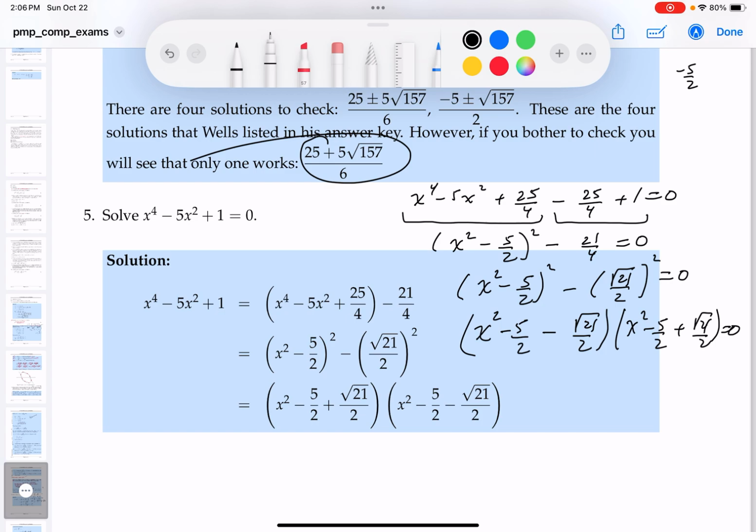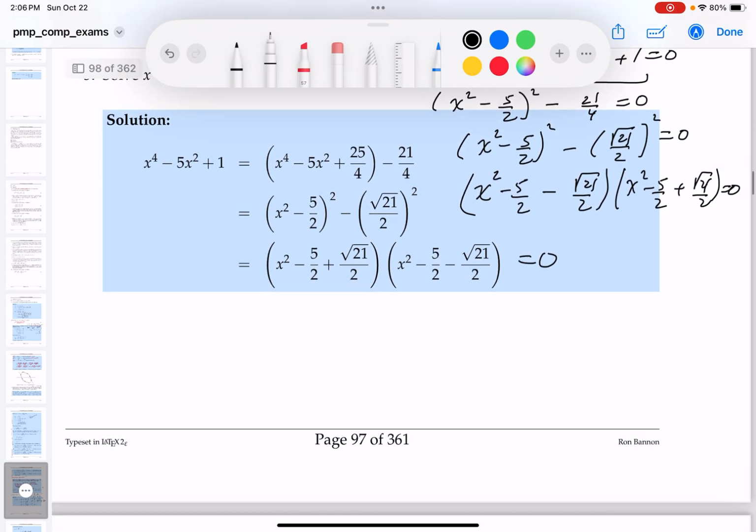Relatively easy to do, by the way. That's a factorization of the problem, and it equals 0. It's rather easy to write down a solution now. What's it going to be?